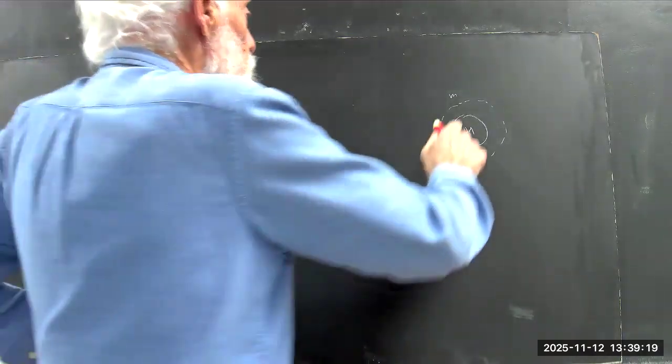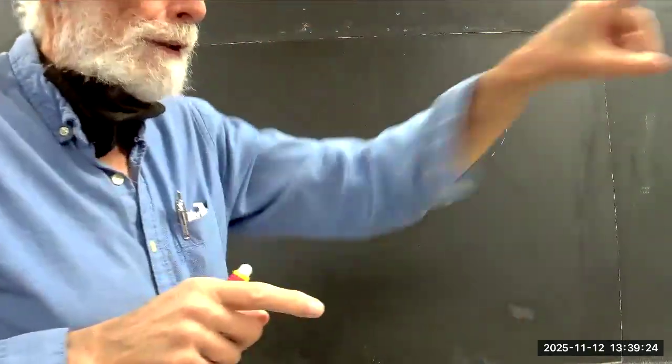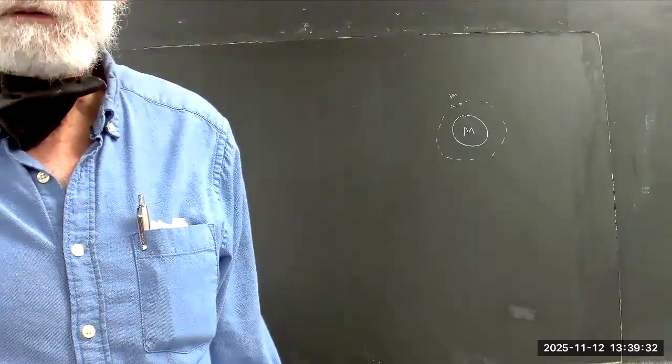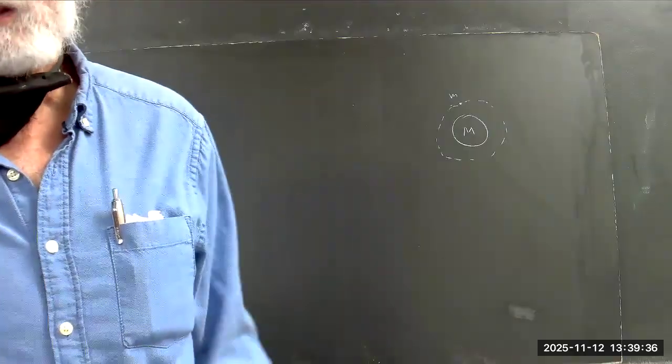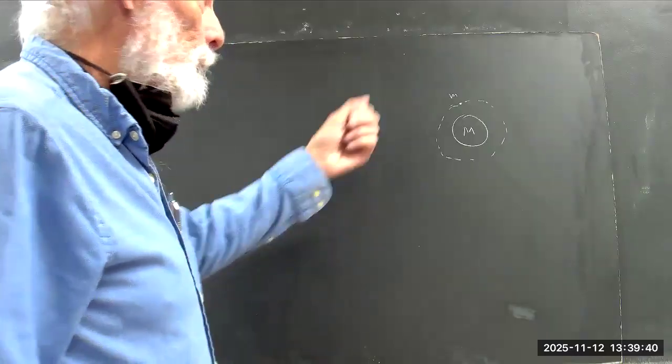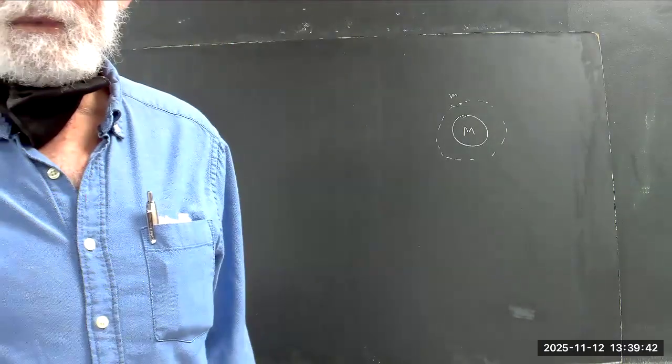What happens if you're at this point and you happen to be pointed ahead in your circular orbit and you press on the gas pedal? Actually, you burn some fuel in your rocket thrusters, right? And you speed up. What happens when you speed up?